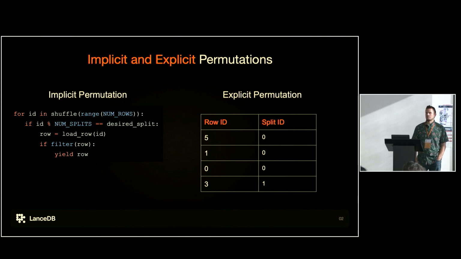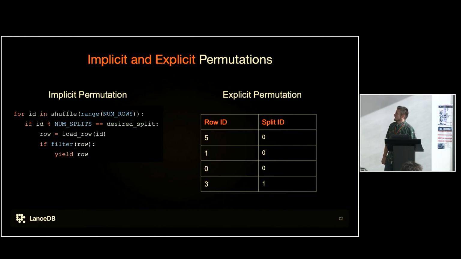Most data loading examples, tools, libraries and tutorials are not going to say, step one, create a permutation. They create it very implicitly, and so it gets hidden in the details. The example on the left is what you'll see a lot of times.